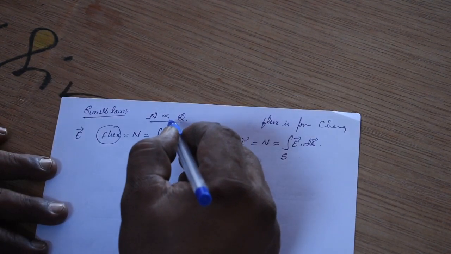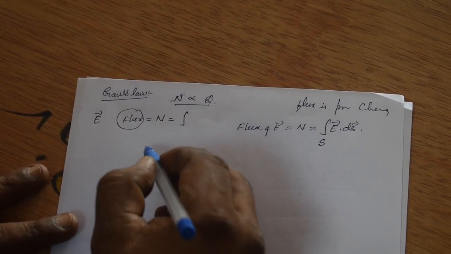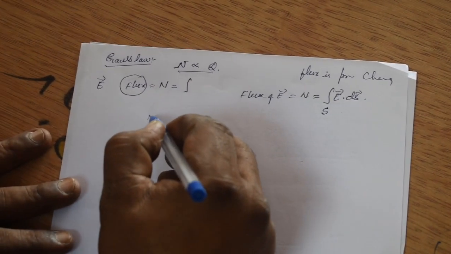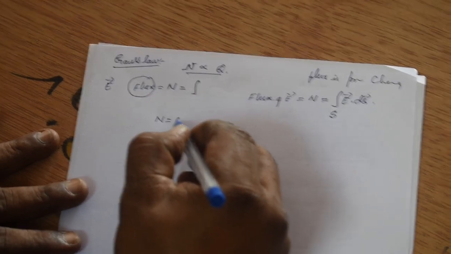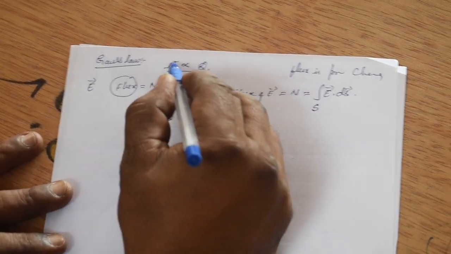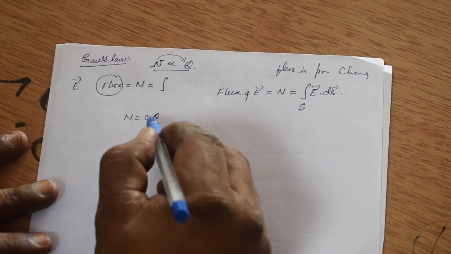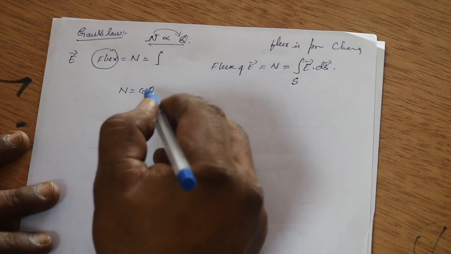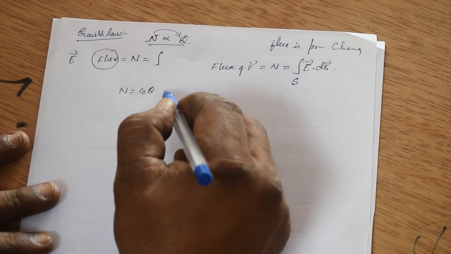Therefore, the flux N is equal to some constant times Q, because N is proportional to Q, where C naught is the constant of proportionality.